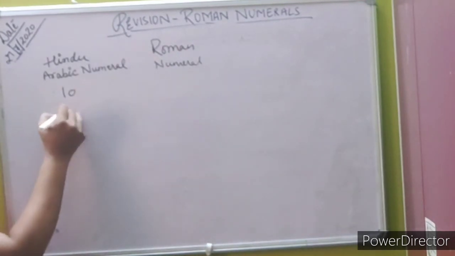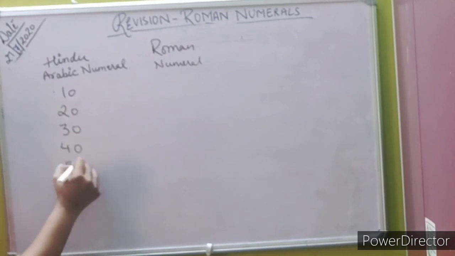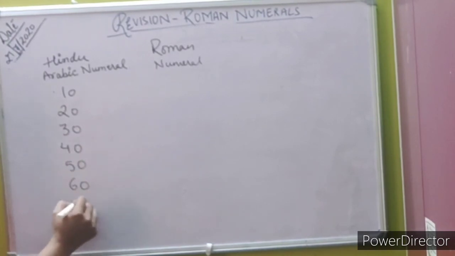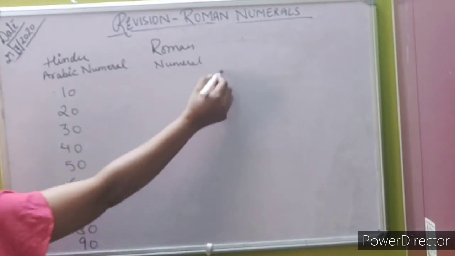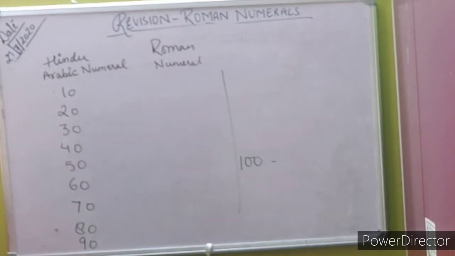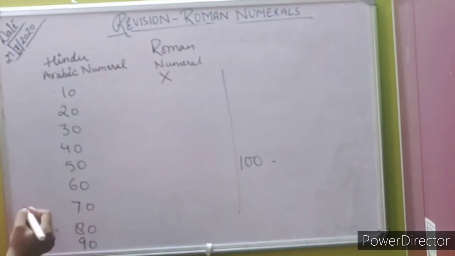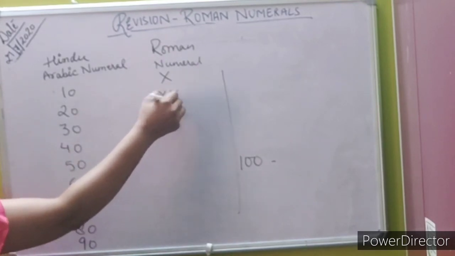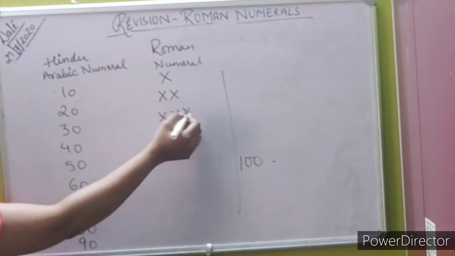10, 20, 30, 40, 50, 60, 70, 80, 90 and 100. 10 stands for X, 20 is repeating X two times, so XX is 20. 30 is repeating X three times, 10 plus 10 plus 10.